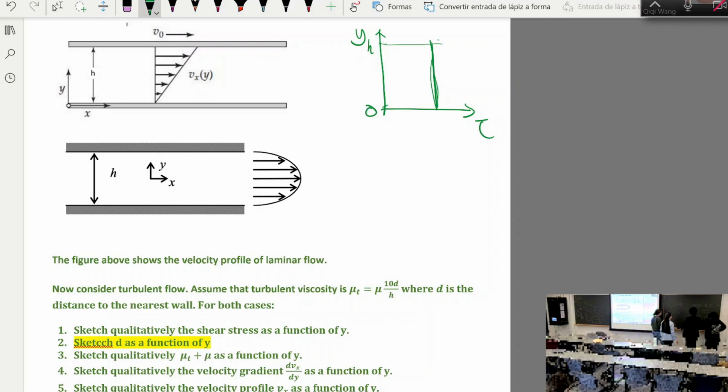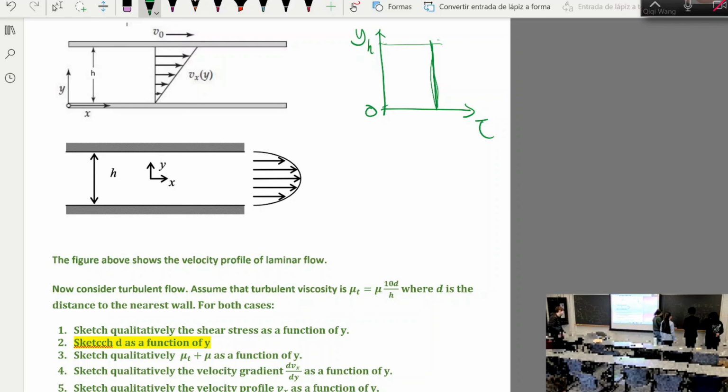I didn't ask you to actually derive the differential equations. But if you plot the shear stress, its derivative equals a constant. So if you plot y and the shear stress tau, it's going to be a straight line. dp/dx is negative, right?